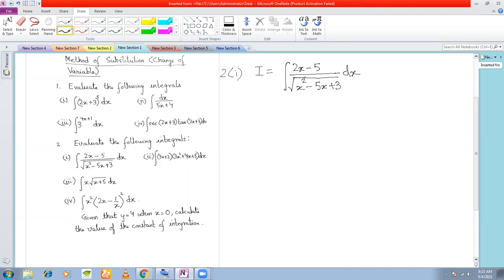Normally this type of integral comes as your 3-mark question. Well, what is so special about this integral? The special thing is that if you look at the expression within the radical in the denominator, x square minus 5x plus 3, and differentiate it, you will get the numerator. Check whether you are getting this or not.